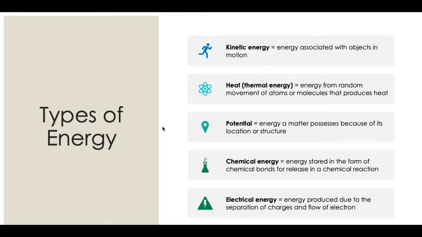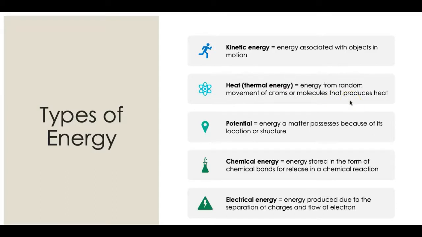So basically we have a lot of types of energy in the universe, but let's focus on five first. The first one is kinetic energy. It is energy associated with objects in motion. The second one is heat or thermal energy, the energy from random movements of atoms or molecules that produces heat.